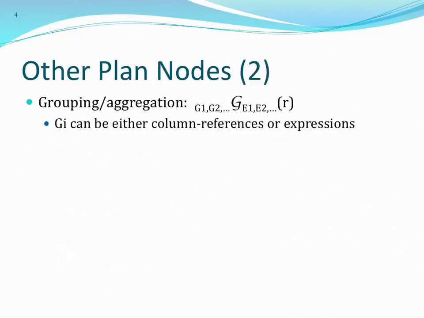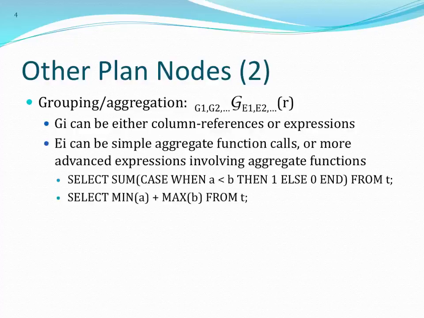Grouping and aggregation. So again, we can look at this and constrain it so that we can think about, well, what about this situation, which is an easy situation, or this other situation that's a hard situation? So the G sub i's could be column references or expressions, and the E sub i's could also be simple aggregates, sum x, min x, max x, or it could be something much more complicated.